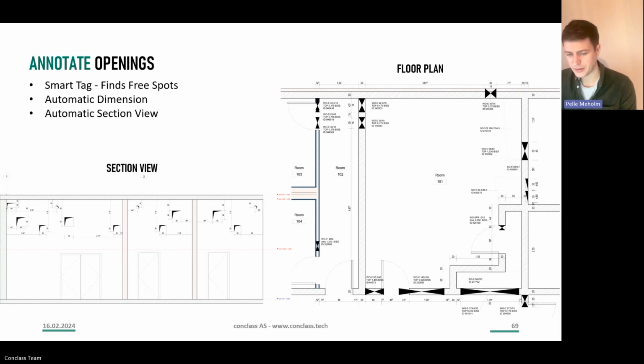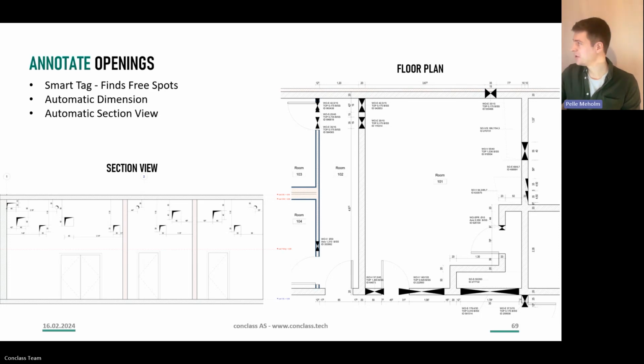A new upcoming feature is the automatic placement of dimensions. It allows you to place all the needed dimensions on your 2D plan in some seconds. And also you can create the section views based on walls.